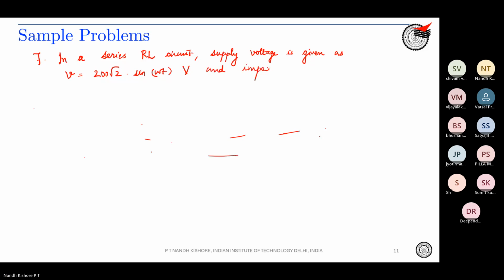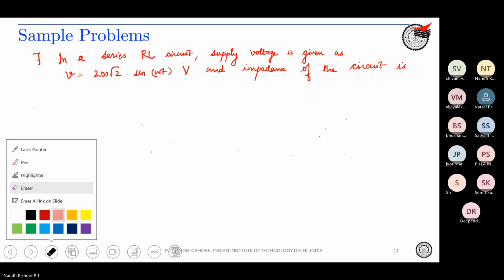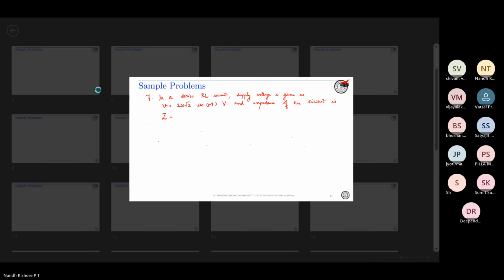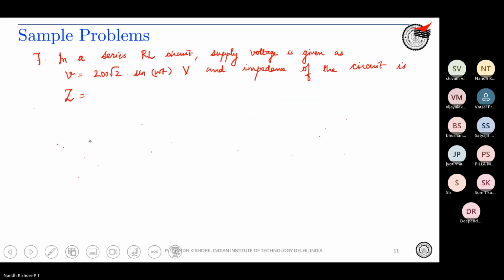And the impedance of the circuit is Z is equal to 16 plus j12 ohms.